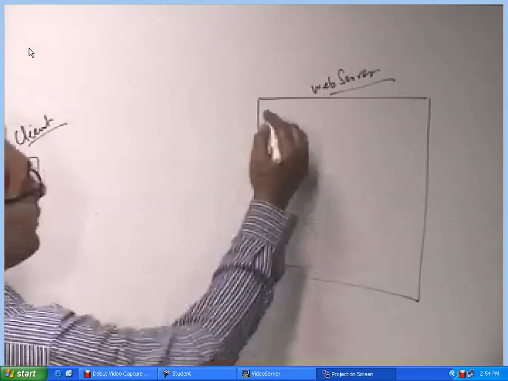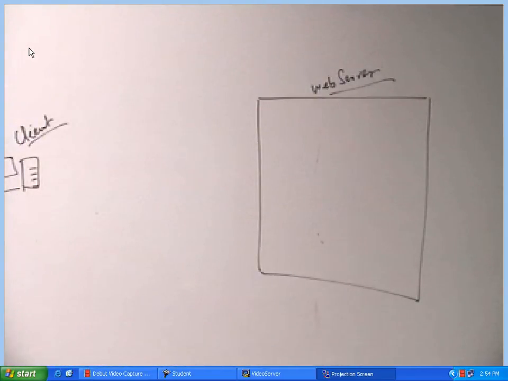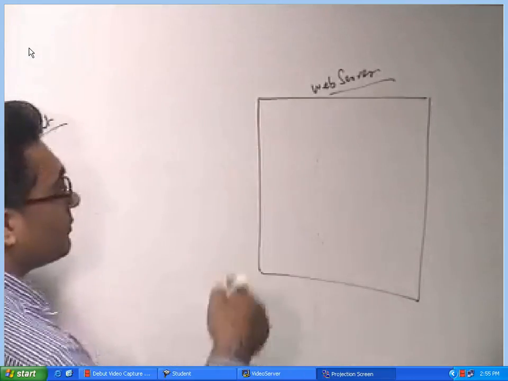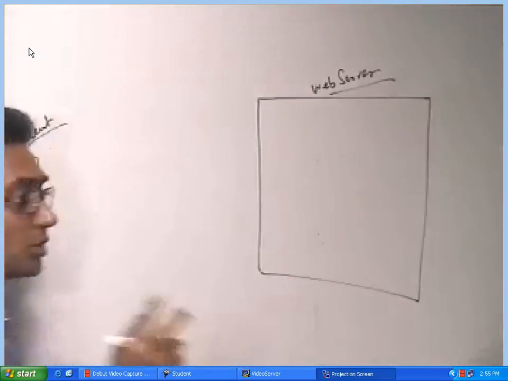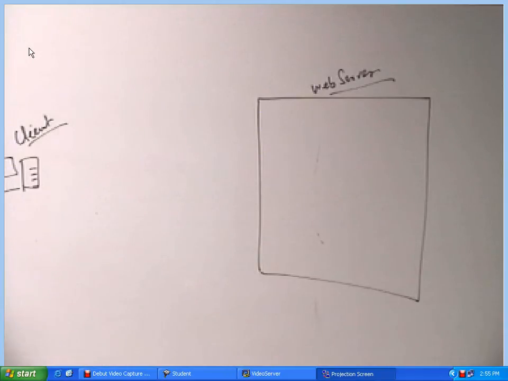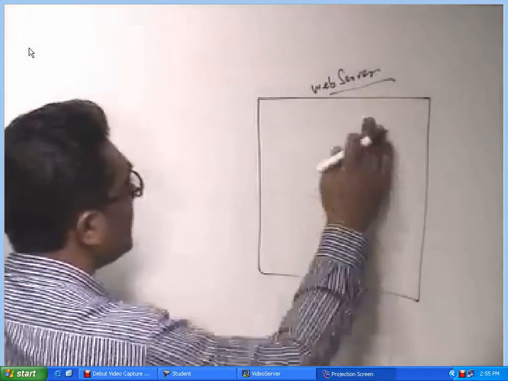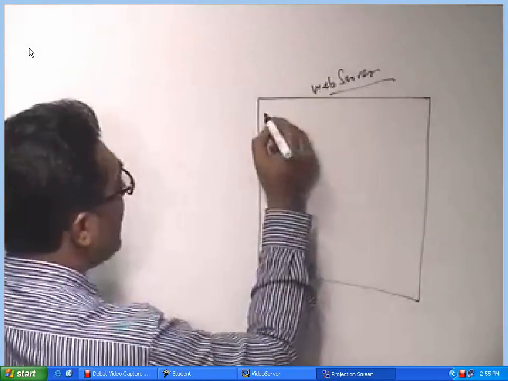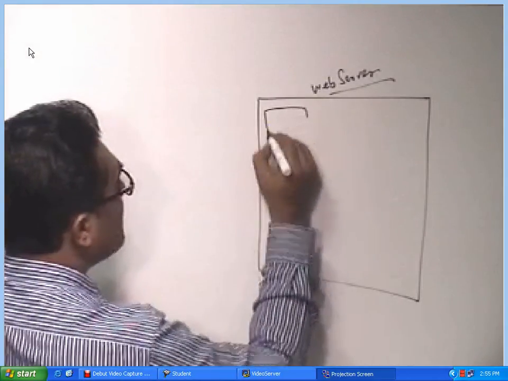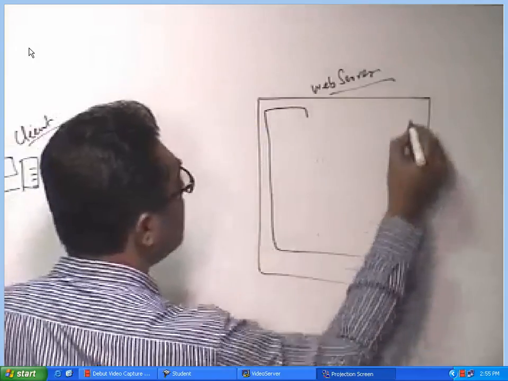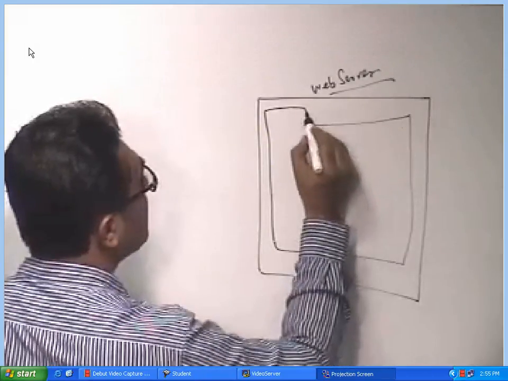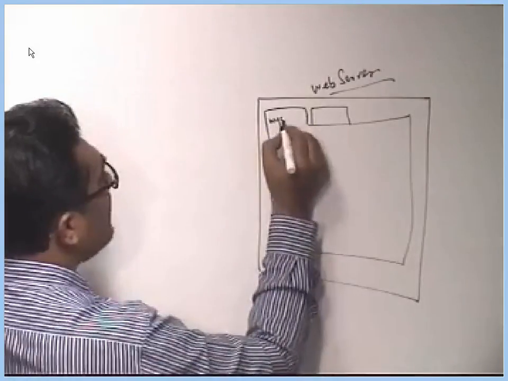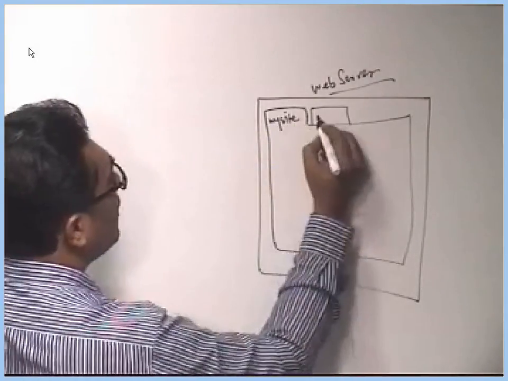Now, inside the web server, say I have published two applications. One is IRCTC, another is say mysite.com. So what happens is it creates two logical memory areas, one for my site and one for IRCTC.